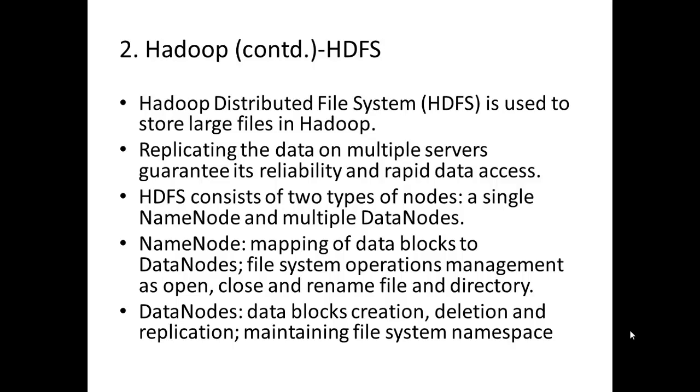The name node is used for mapping of data blocks to data nodes and for file system operations management such as open, close, and rename of files and directories. The data node is responsible for data block creation, deletion, and replication. Also, the name node is used for maintaining the file system namespace to record file operations by the user.